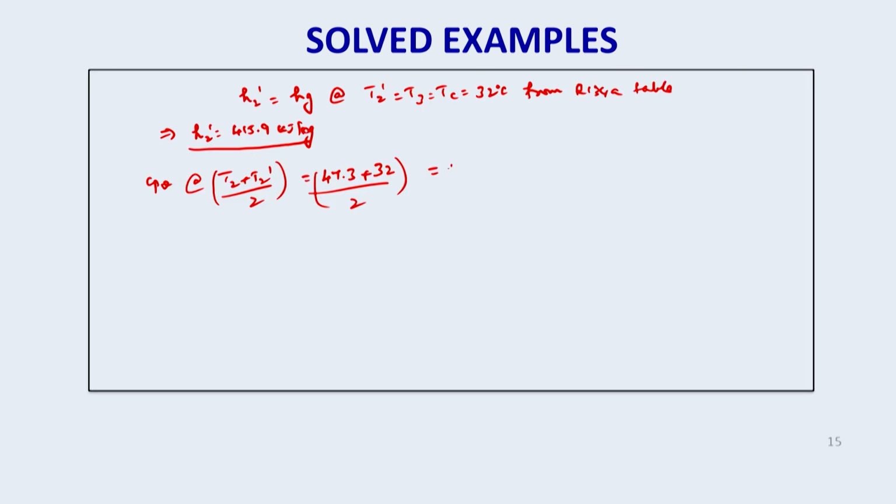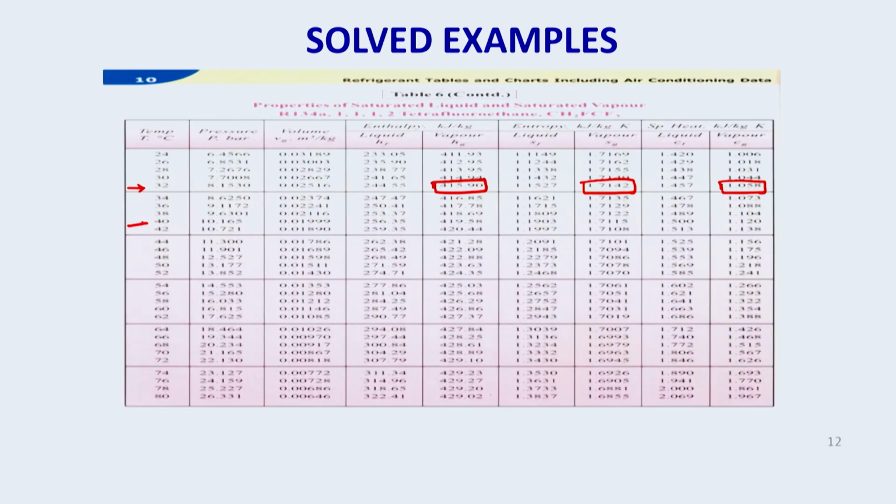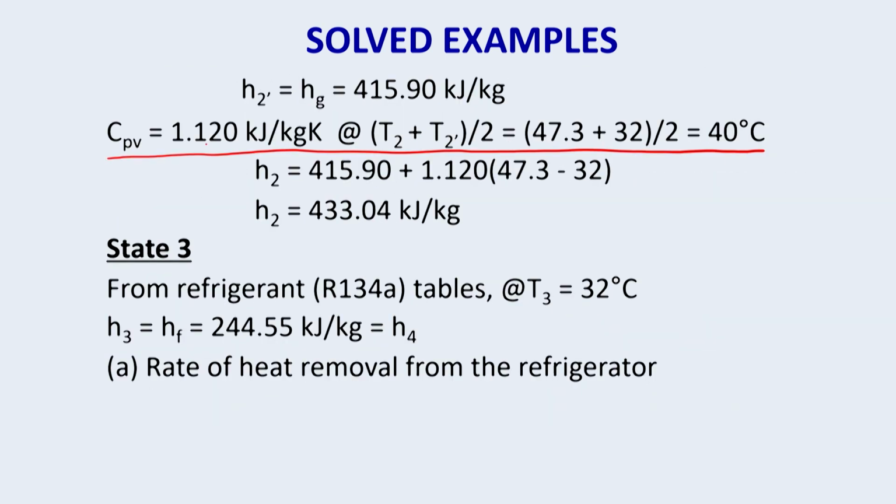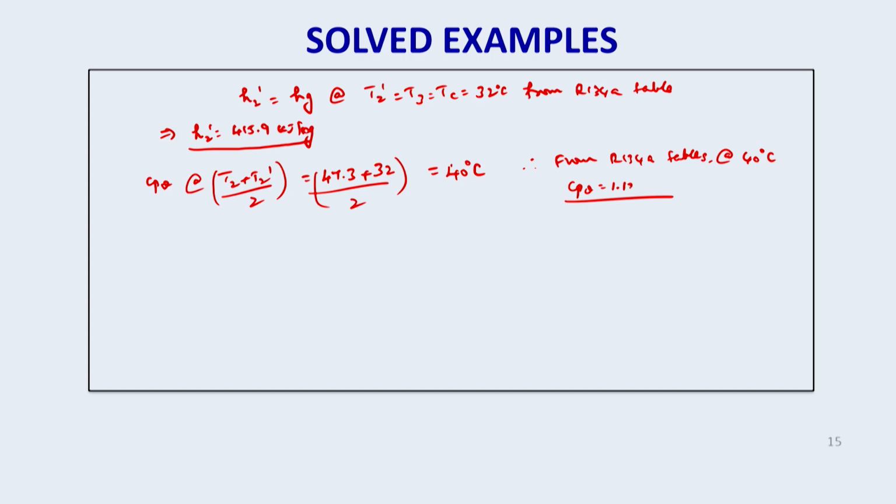So from the R134A table, at 40 degrees centigrade, Cp of vapor is the last column, 1.120 kilojoule per kg Kelvin.